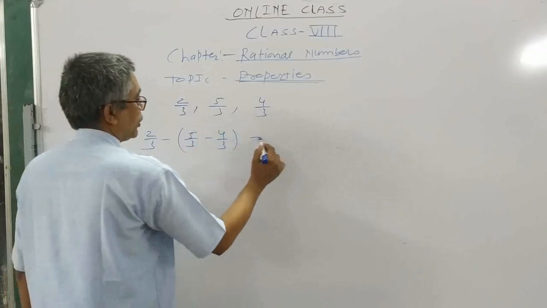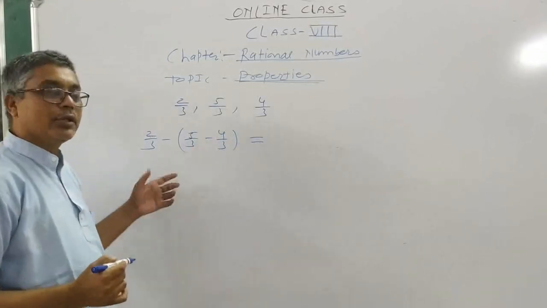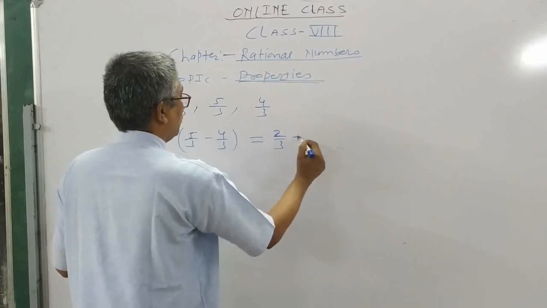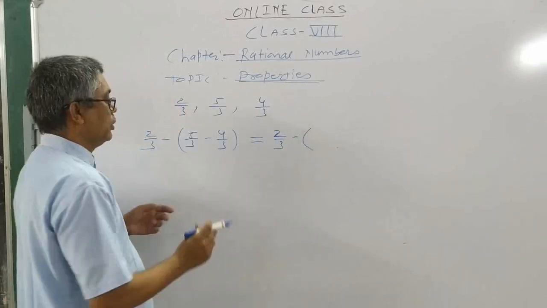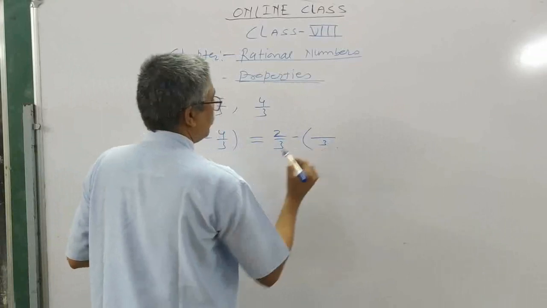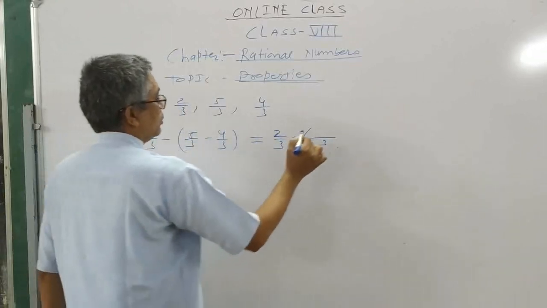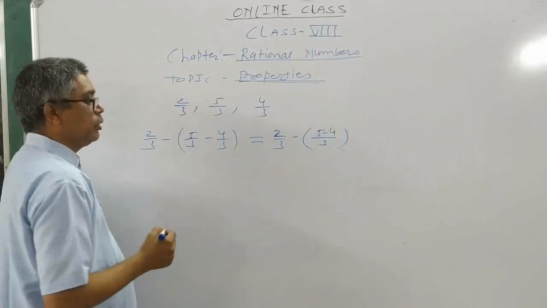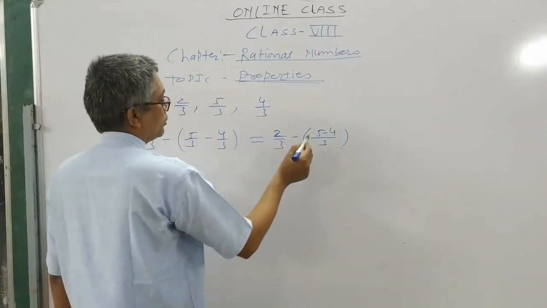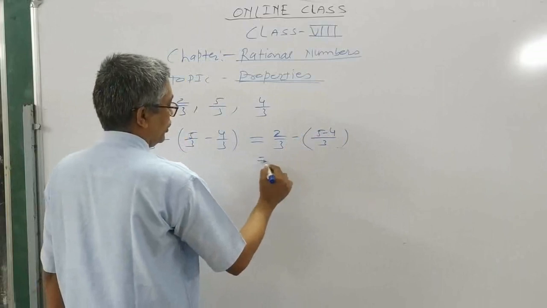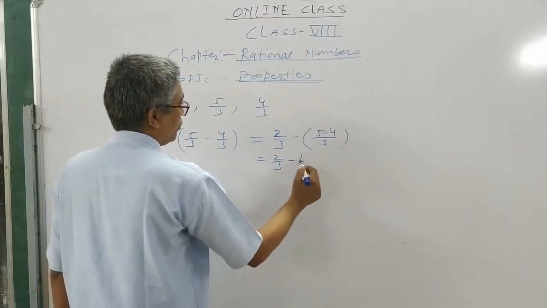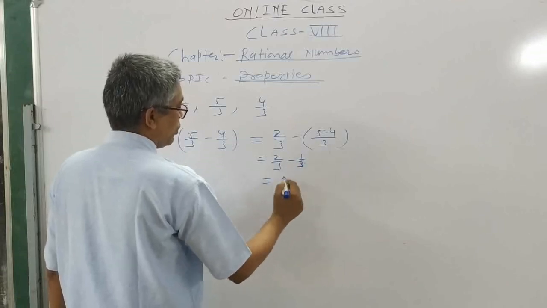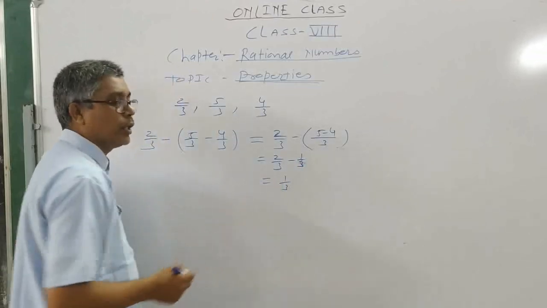If we solve this, first we solve this bracket. We have the same denominator, so we take the subtraction of numerators: 5 minus 4 over 3, that is 2/3 minus 1/3, equal to 2 minus 1, 1/3. Here we get the answer.